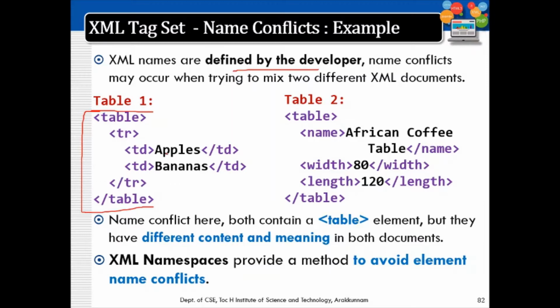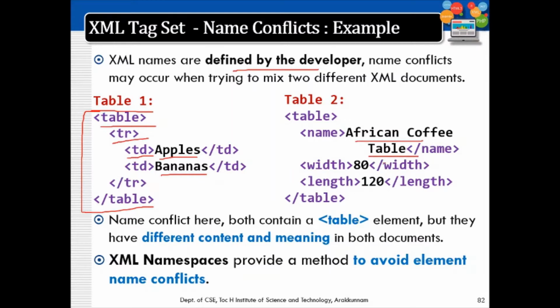There is no problem in using that because it has its own meaning here. This developer used the table tag, tr for defining rows, and td for defining the data, and it contains certain fruit information. On the other hand, there is another table which contains information regarding tables.